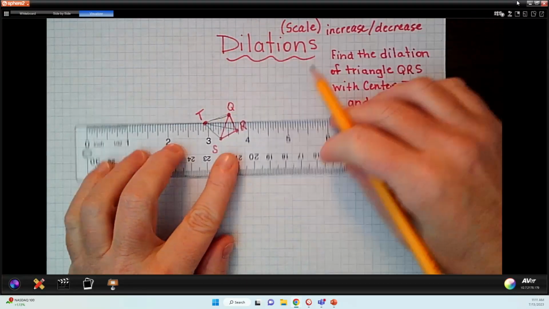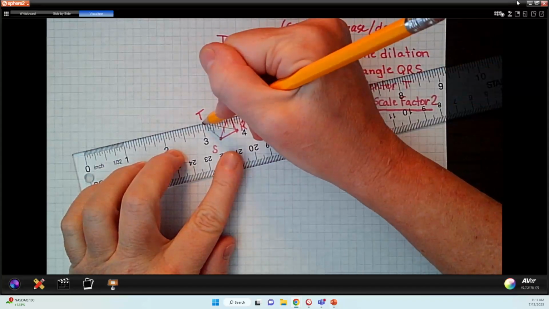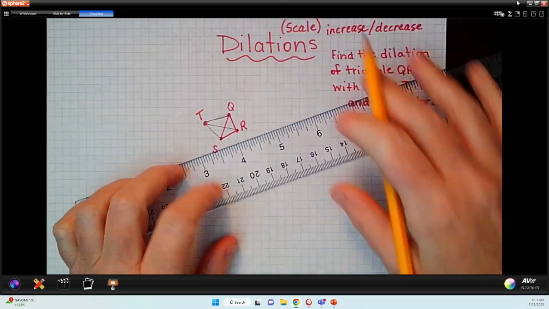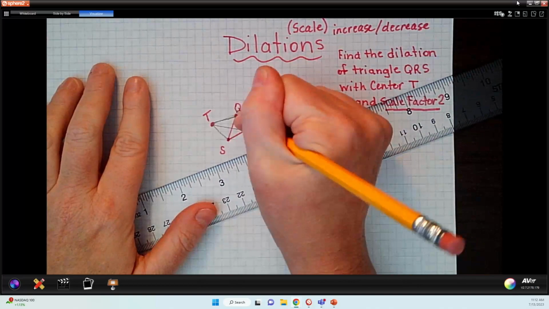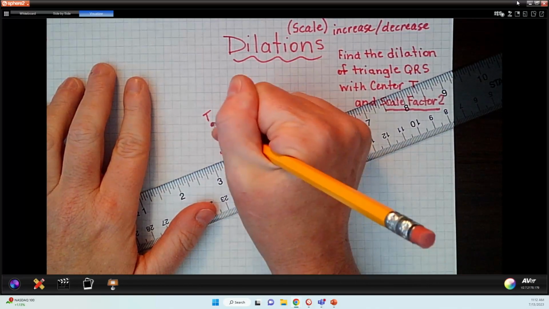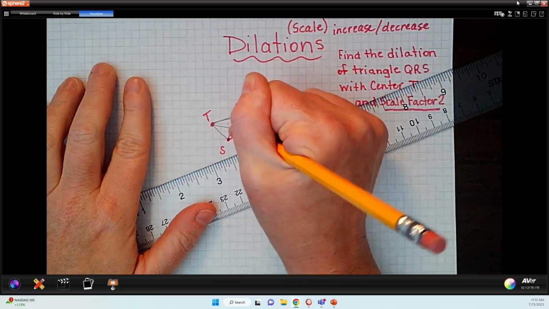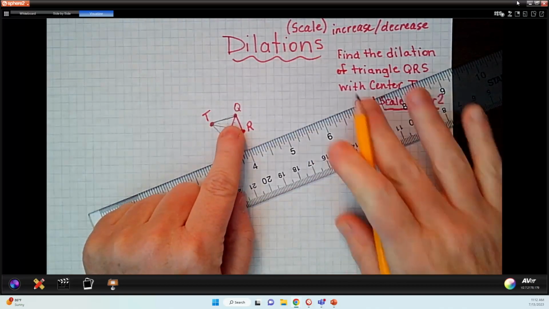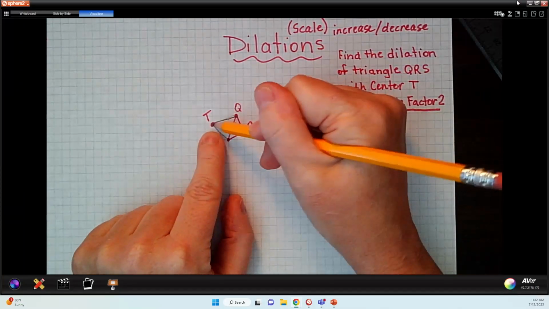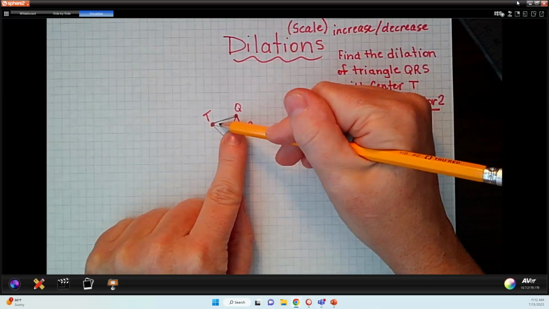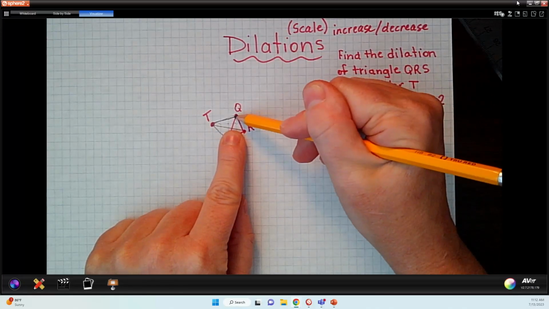So that's the first thing we would tell students: just look at where these lines are going. And I notice that to get from T to Q, I'm going over 1, 2, 3, and up 1.